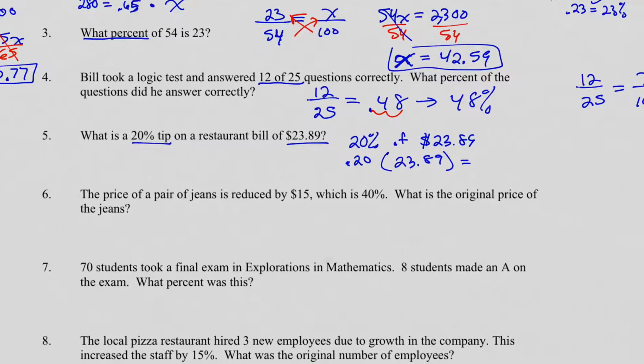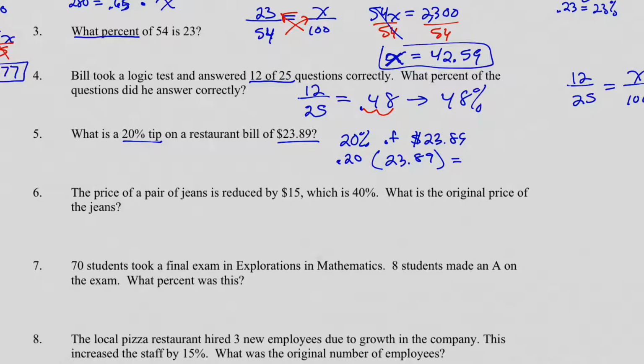Just multiply those two together, and then we get $4.78. Okay, that is the tip.